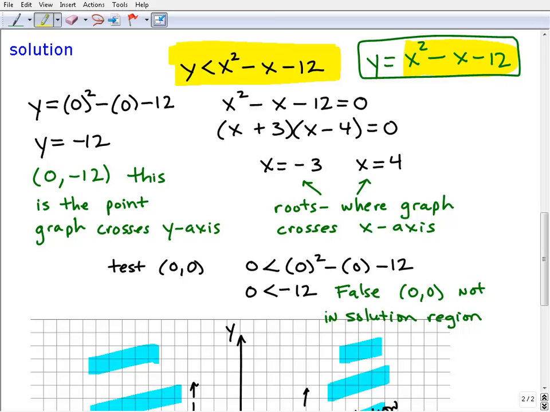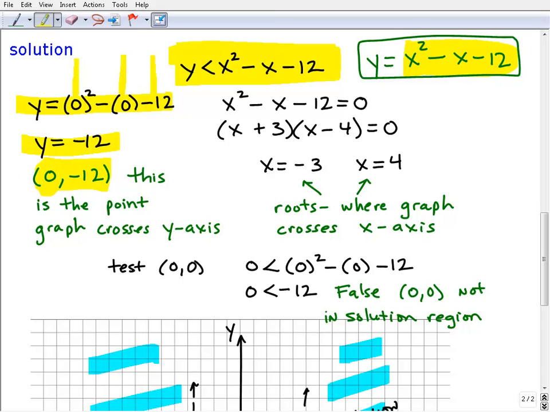All right, so over here what I'm doing is finding the y-intercept of this quadratic equation. Remember, the graph of these quadratic equations is a parabola, and the y-intercept is the point where it's going to cross the y-axis. To find that, I'm going to let x equal 0. I'm going to plug in 0 for my x and figure out what y is going to be when x is equal to 0.